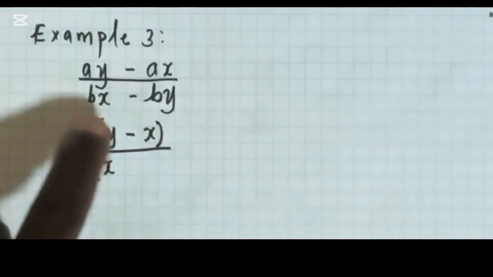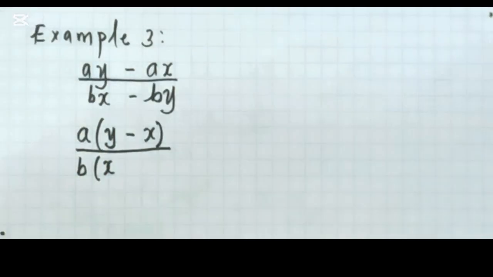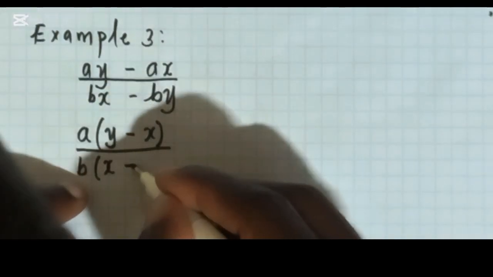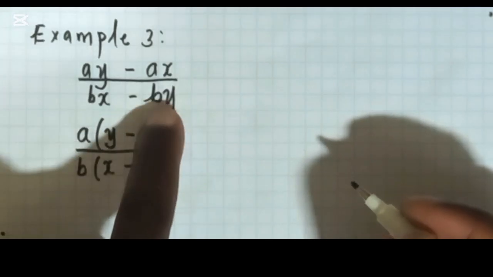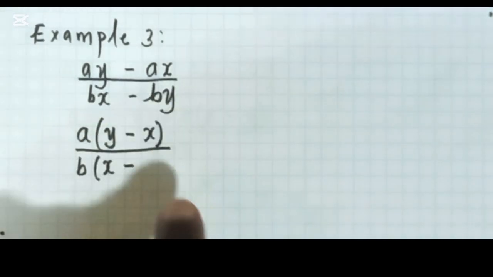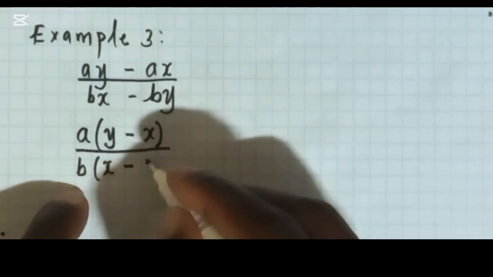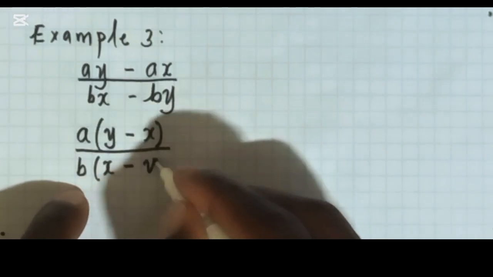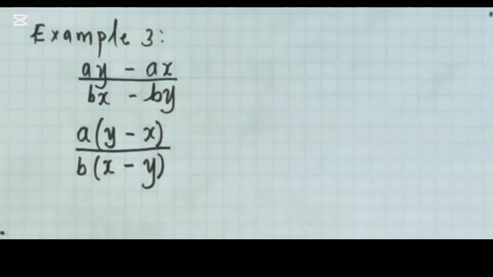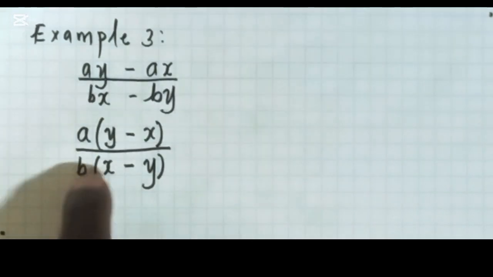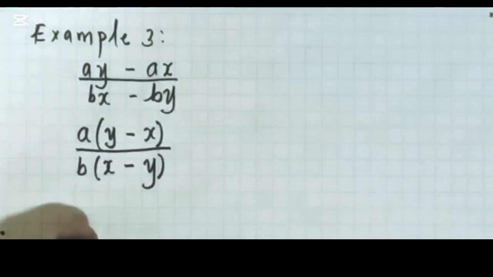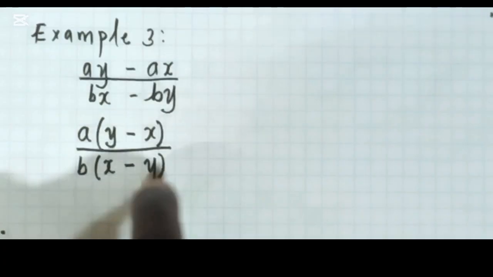Minus by divided by b. b and b cancel each other out, and so that will leave us with y. So note, we've simplified the numerator and the denominator, and so we are having a into y minus x all over b into x minus y.